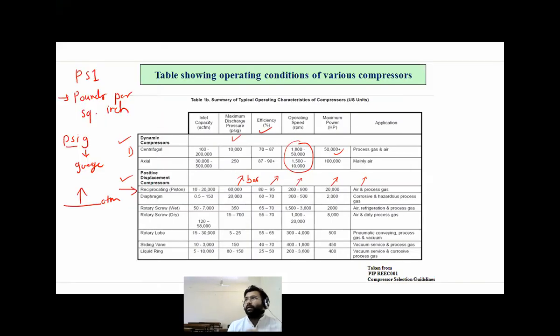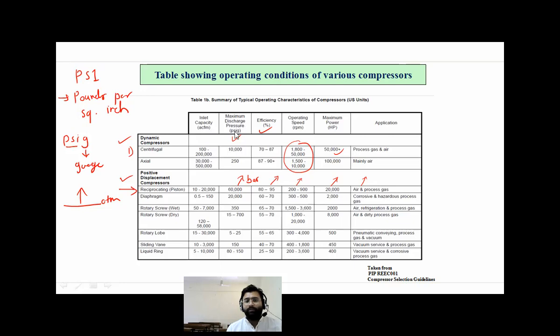So this is a table showing operating conditions of various compressors. Okay, see, summary of typical operating characteristics of compressors in US. They are compared with inlet capacity, that is in air CFM, ACFM.